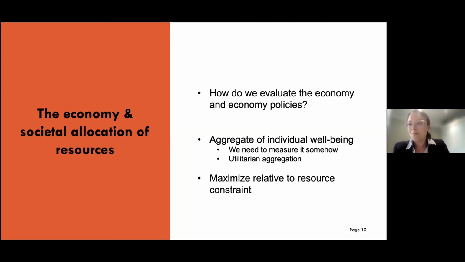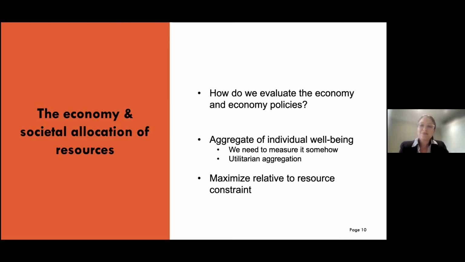So I'm sure most of you will have studied some kind of concept of how individuals are going to maximize their utility subject to their budget constraint or their resources. This is an individual level problem, and it's usually one of the earlier things that we learn in economics. But in many situations, we're going to need to think beyond the individual and consider how a society should allocate its resources for the purpose of furthering the well-being of the entire population or the economy.